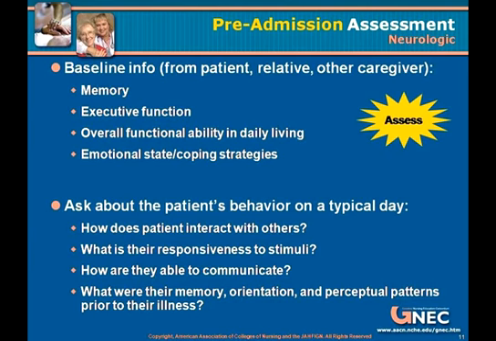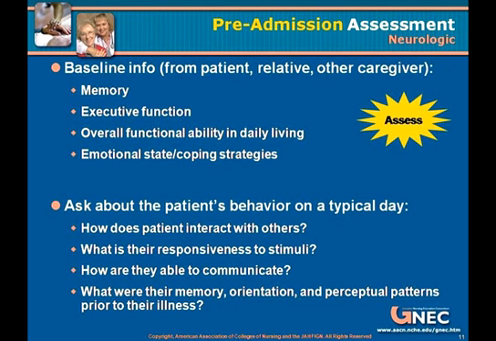That may mean picking up the phone and calling family, or if a patient is admitted from a long-term care facility or some kind of institution, to find out what they were like before their critical illness and critical care hospitalization in terms of their memory, executive function, meaning how was their problem solving and their ability to write a check, read a book, do a crossword puzzle, their overall functional ability in daily living.